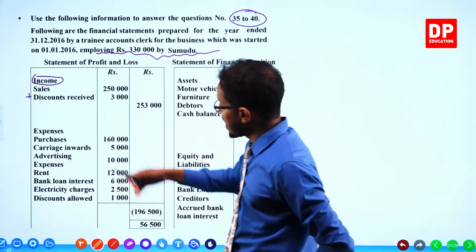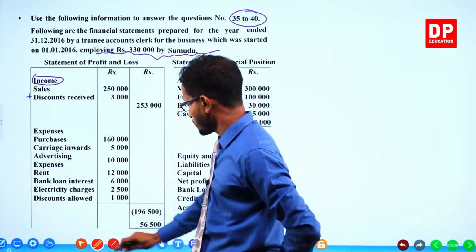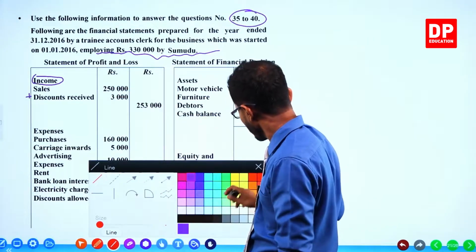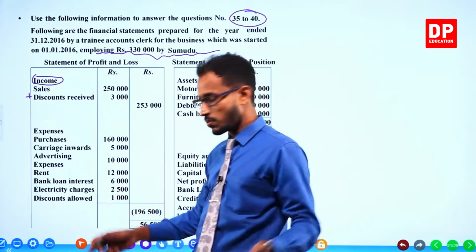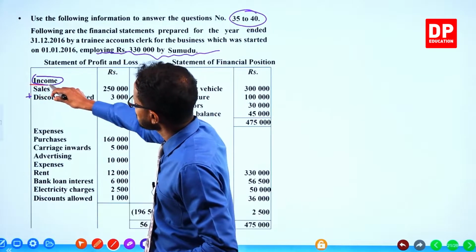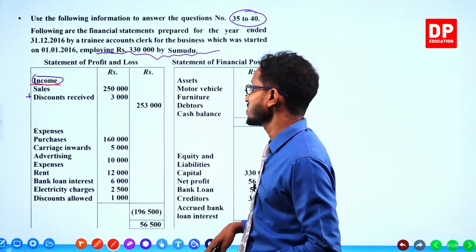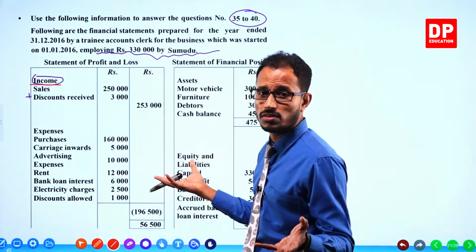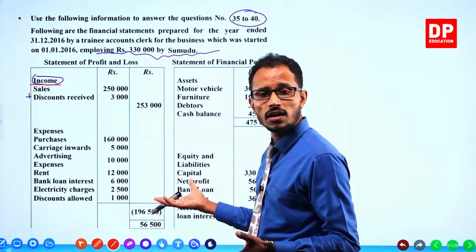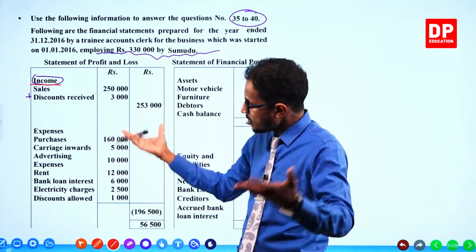Under expenses, that's the problem. Can you see the problem here? Under incomes, she has included sales and discounts received. There's no trading account. Where is the gross profit? It's not there.